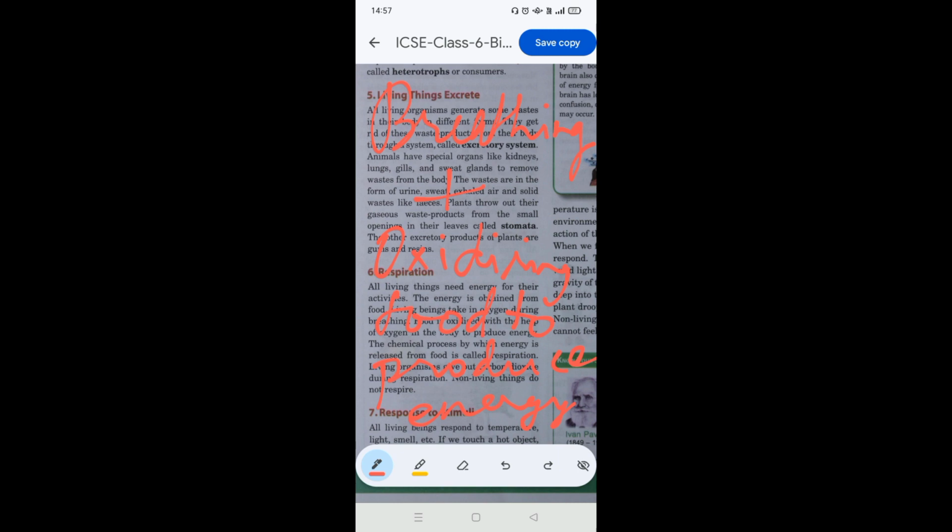This is the sixth important characteristic which differentiates living organisms and non living things.